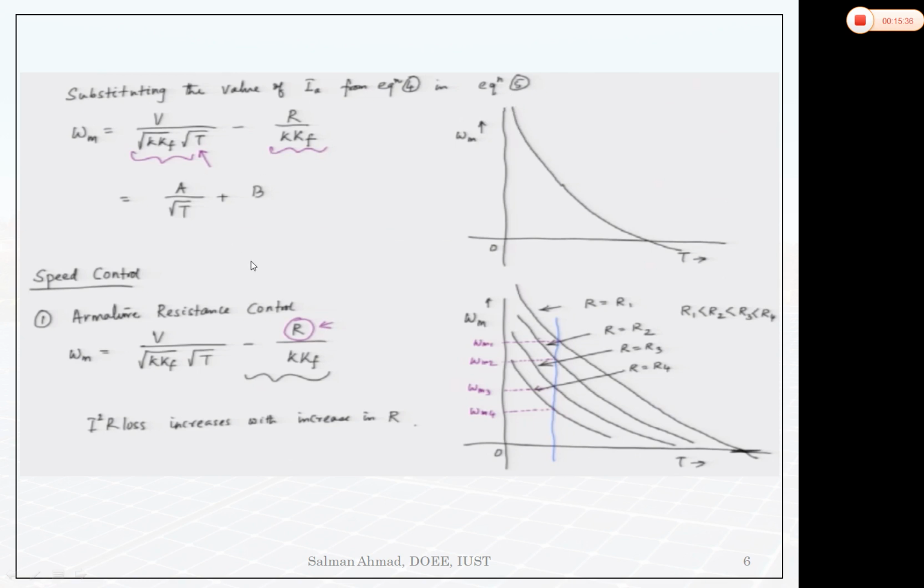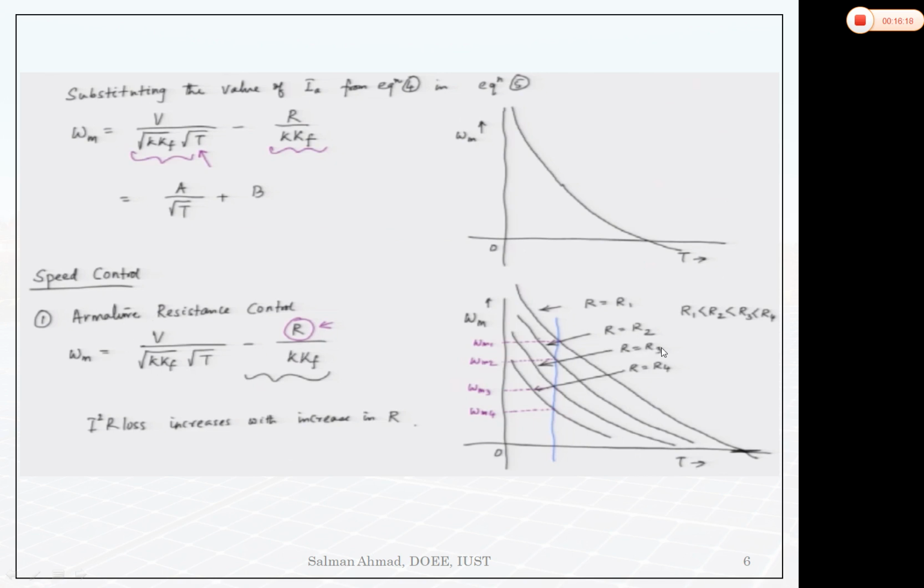Now again we can obtain the speed control similar to that of DC shunt motors. You can see from this relationship, we can change V, we can change R, or we can change Kf, and correspondingly we can get the characteristics. If we increase the R value, this characteristic will shift downwards, because it will intercept the axis earlier.